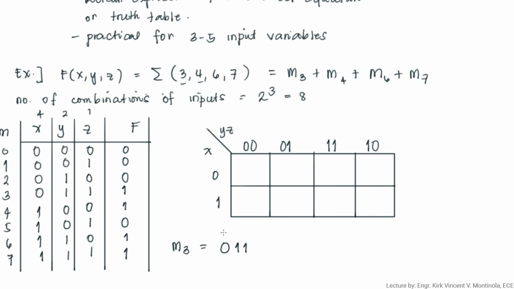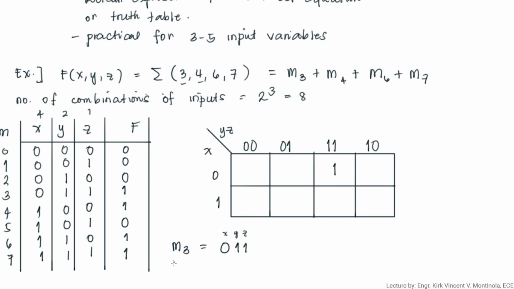We know this one is X, Y, and Z. Okay, so we find first 0. So X equals 0. So dito siya. And then we find YZ, which is 1, 1. Then this one is your YZ at 1, 1. Okay, so we'll be writing a logic 1 to the location of the box corresponding to M3.